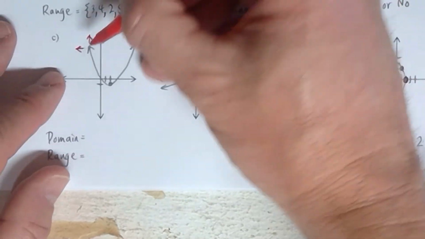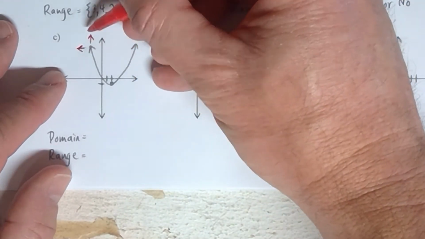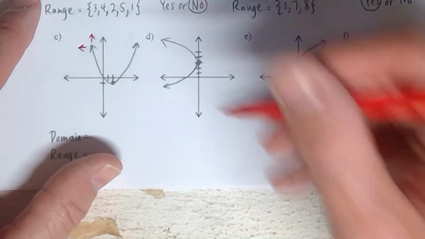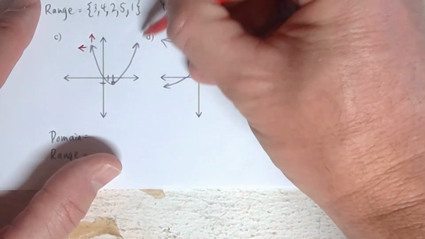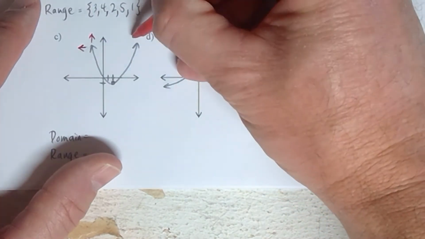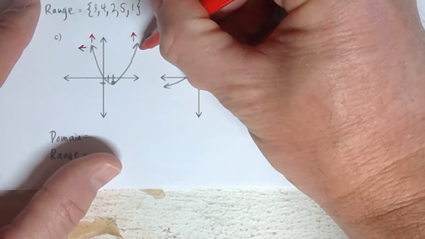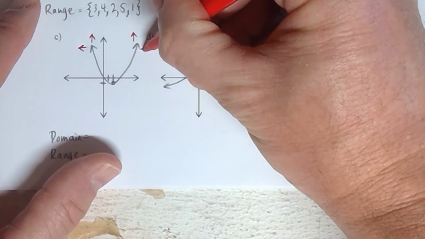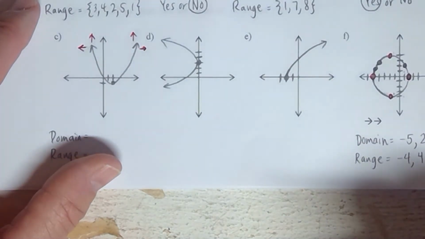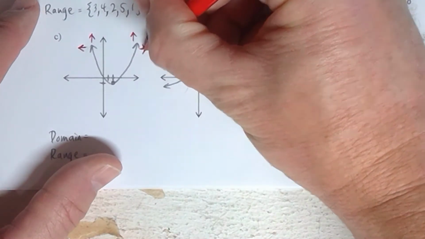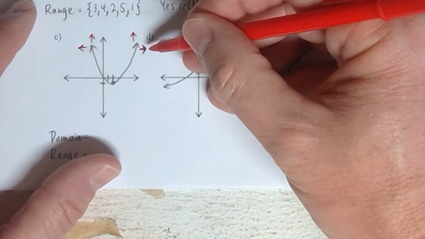Okay? This one, because it's going like this, that means it's going forever up and forever to the right at the same time. Okay, let me make that arrow a little bit more visible there. There we go. Forever to the right at the same time.